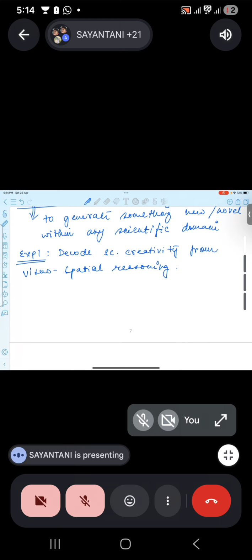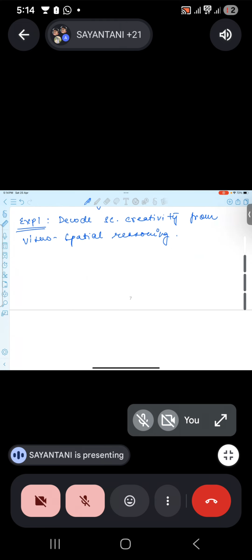Okay. Now, what is this visuospatial reasoning? So, spatial reasoning you must have heard. First, let me say why I am selecting this spatial reasoning. Spatial reasoning is very much linked to creating something new in the scientific domain. Why am I saying that?